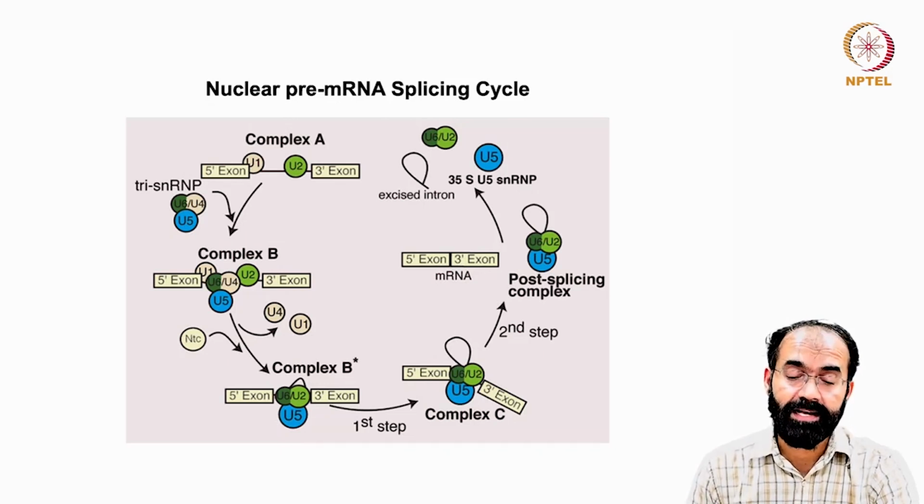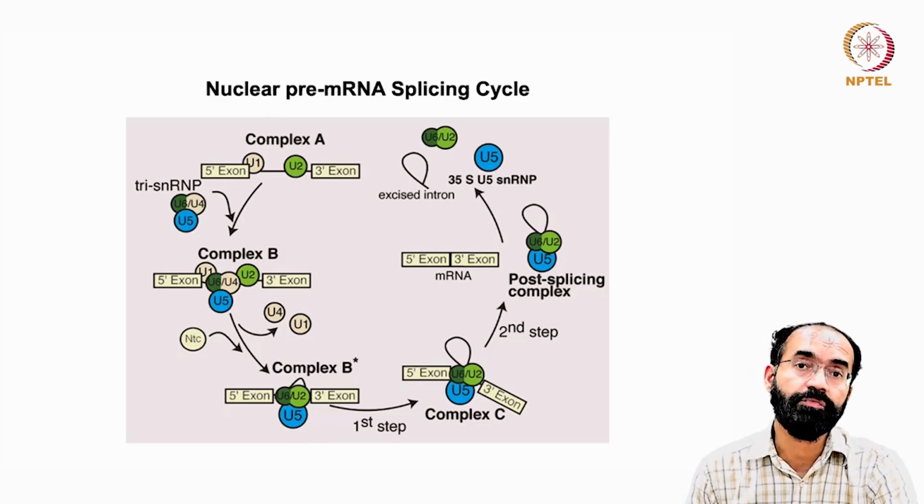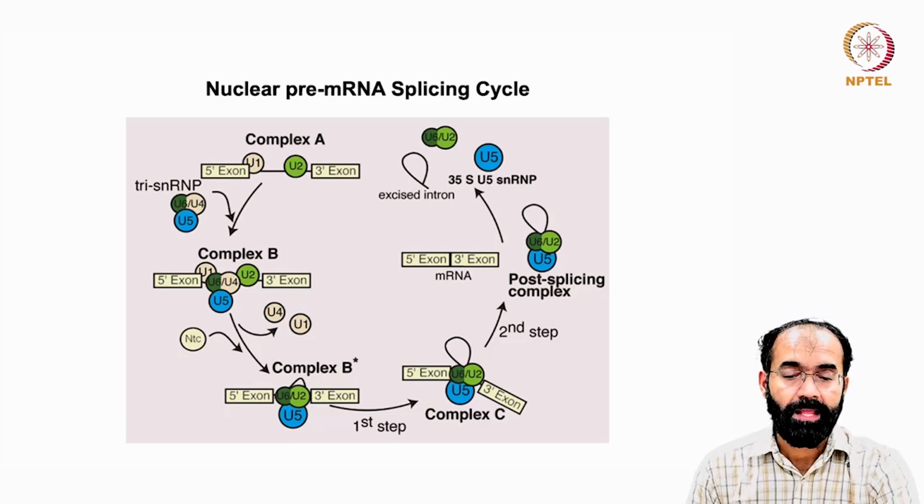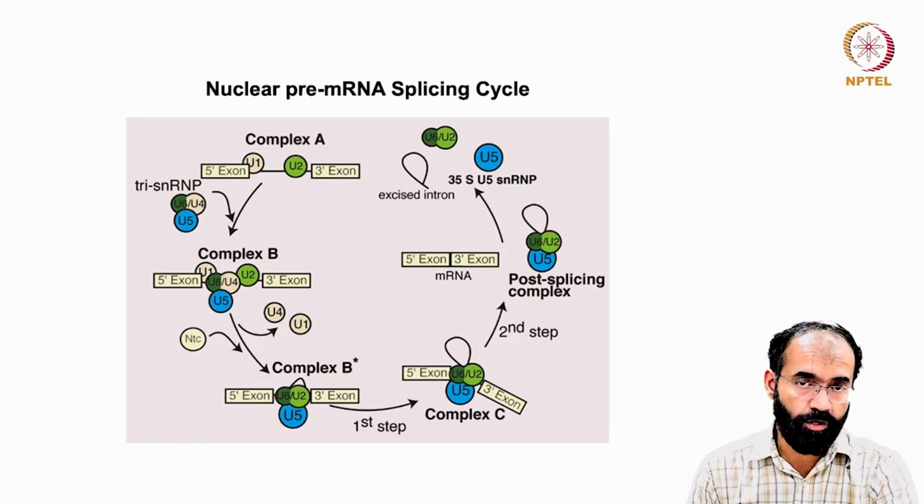As a result, RNA comes out, and you have U6, U2 and U5, which is called the post splicing complex, that will be released along with the intron lariat. Once this complex is released, it is further disassembled so that the excised intron is released as nucleic acid.